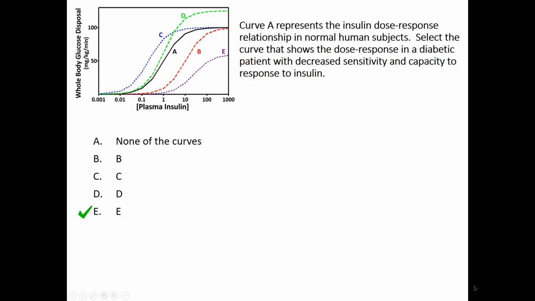So B only shows a shift in the sensitivity, so it's decreased sensitivity. Curve C has an increased sensitivity, so it's completely opposite of what we'd expect. Curve D is an increase in the maximum capacity to respond, but no shift in the EC50. So E is the only one that can fit both of those parameters.